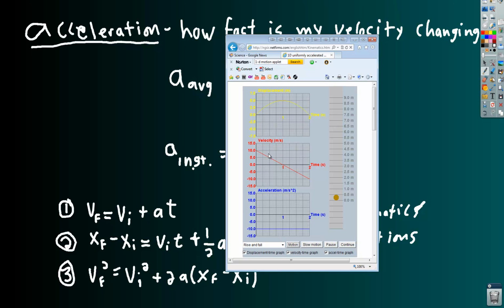So that's up here. From 0 all the way up to here is positive numbers. Any part of the graph up here above this axis is positive velocity because the values for v are all positive.